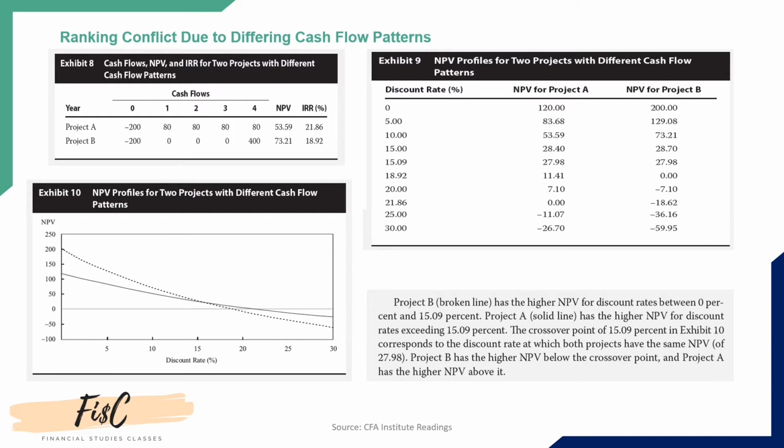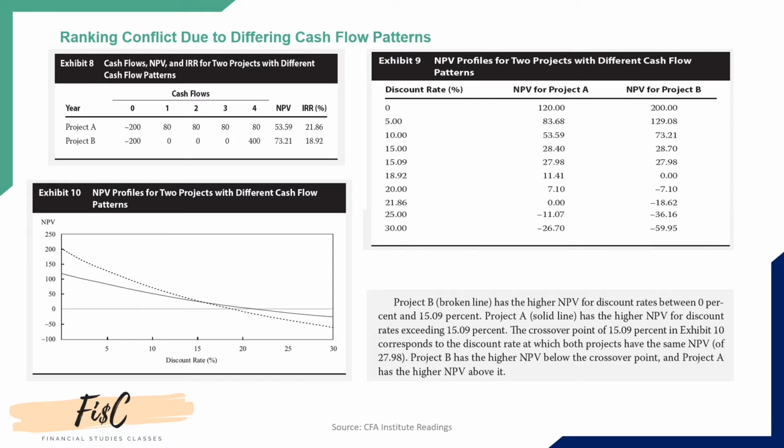Now you can see that in terms of NPV, when we discount at 10%, project B is superior. You can also see exhibit 10 where there are the NPV profiles of both projects. The dashed one is project B and the solid line is for project A. You can see till 15.09% project B has higher NPV, whereas after that project A has higher NPV.